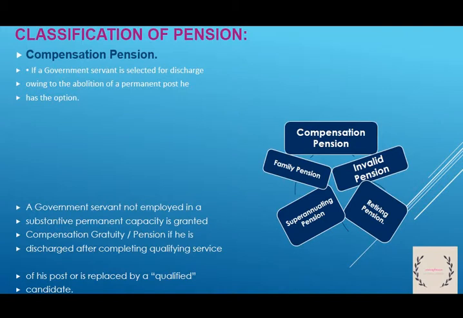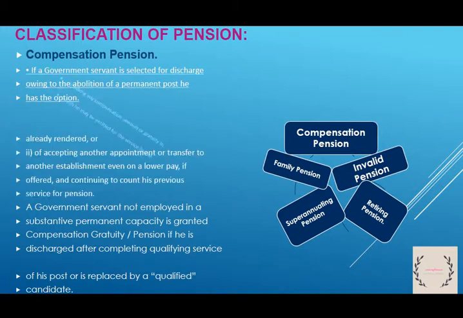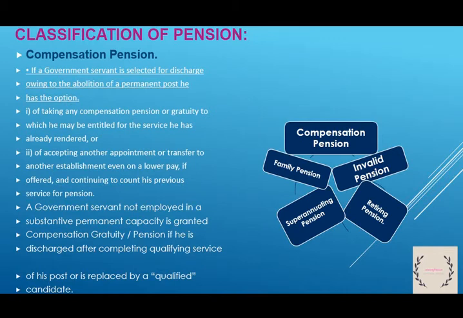It happens to be accidental, meaning that when a permanent post of a government servant is abolished due to winding up of the project on no-need basis or otherwise, the government employee in compensation exercises the option of taking any compensation pension or gratuity to which he may be entitled for the service he has already rendered, or accepting another appointment or transfer to another establishment, even on a lower pay, if offered in continuation of his previous service.